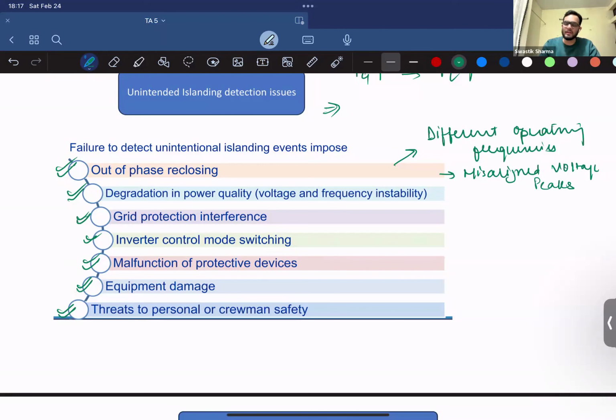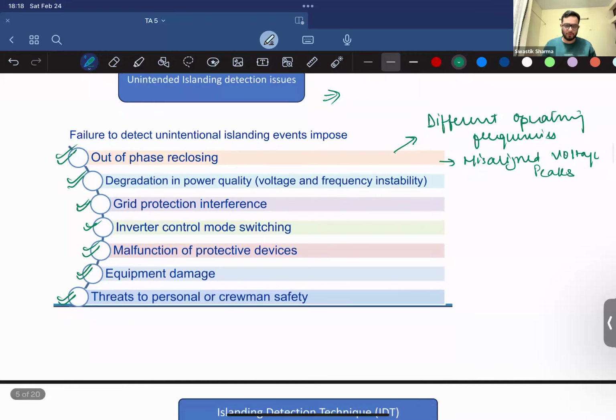A person working at a relay at a different place, and there is a reconnection with the main grid, could experience a devastating effect. So it could also cause a threat to human safety.